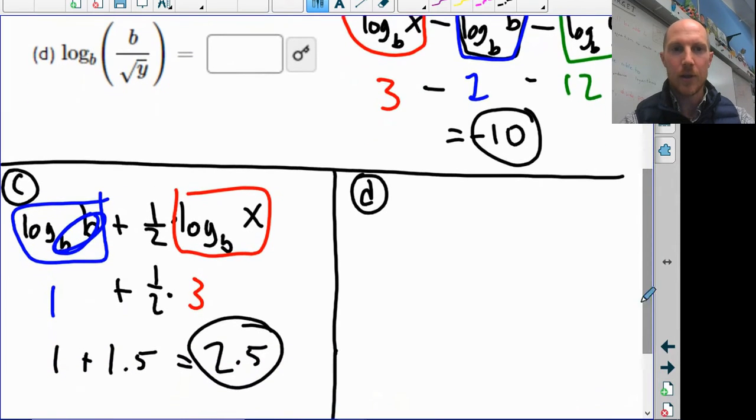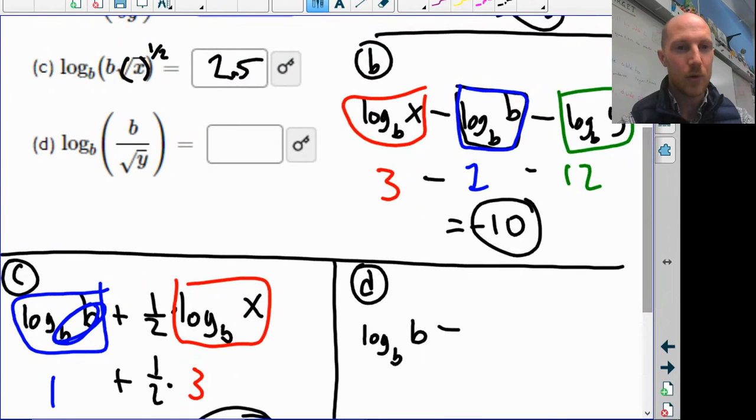All right, and then let's take a look at D. I think you probably have a sense of what this is going to look like now, having seen the others. Log base b of b, and I'm expanding first. I'm going to subtract, and then I got the square root of y, which is very similar to what we saw before. Square root of y I could write as y to the power of 1/2. When I expand, the 1/2 as the exponent moves to the front as multiplication, times log base b of y.